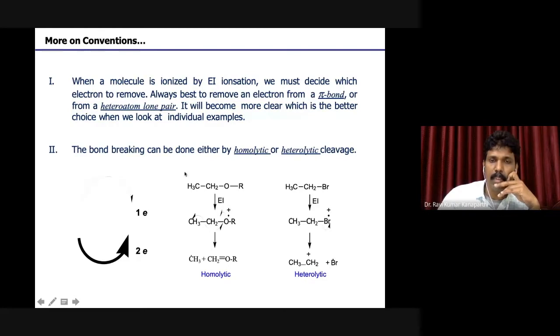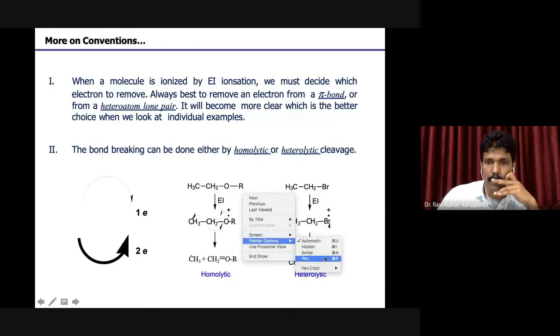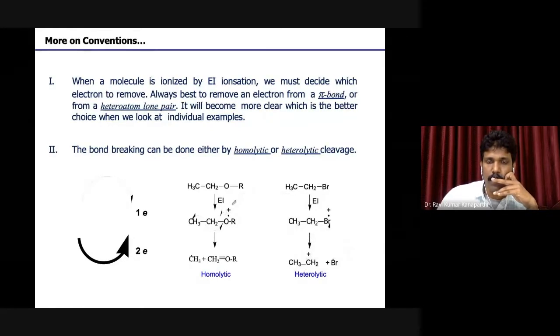Then these are examples of ionization. We have an ether, and this ether moiety is subjected to electron ionization. Since it has the heteroatom oxygen, the radical cation is shown on the oxygen atom, and it forms a nice molecular ion. Later on, this radical can be shifted here.